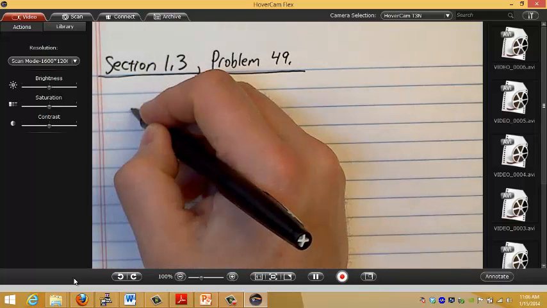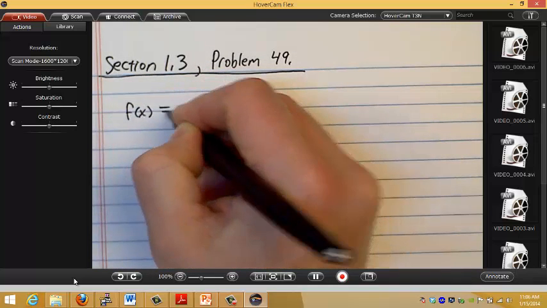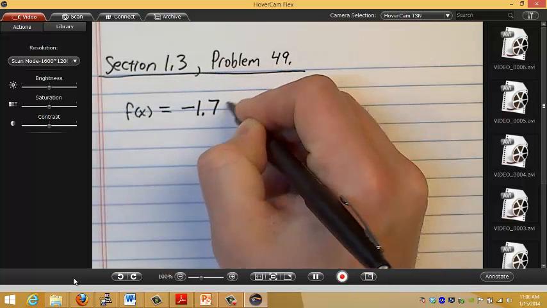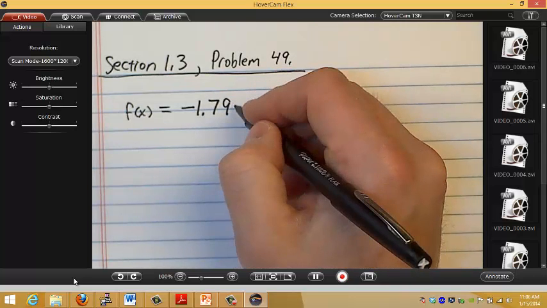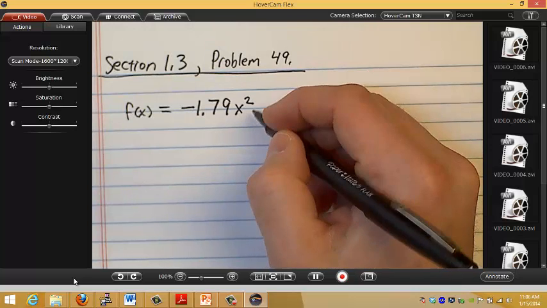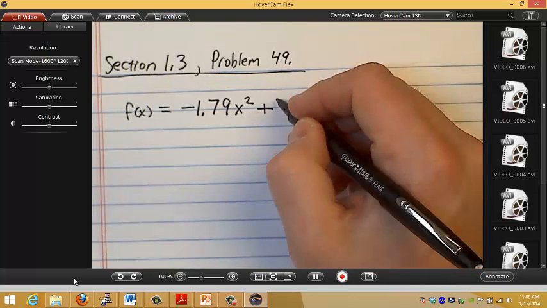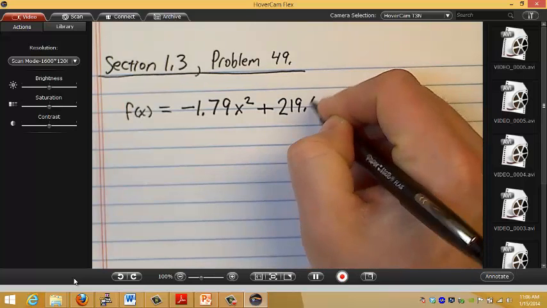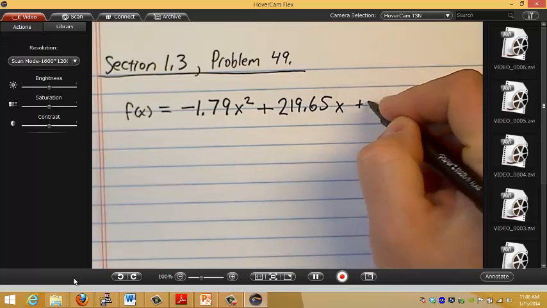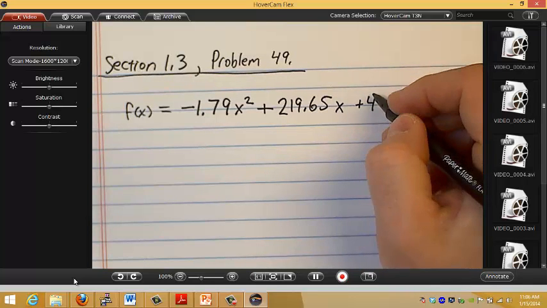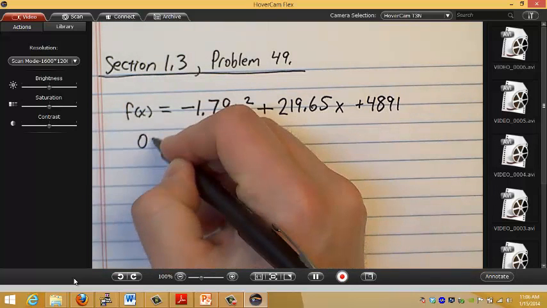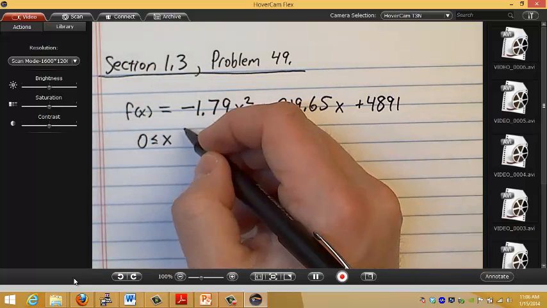They say f of x equals negative 1.79 x squared plus 219.65 x plus 4,891. They tell me that x has to be between 0 and 31.